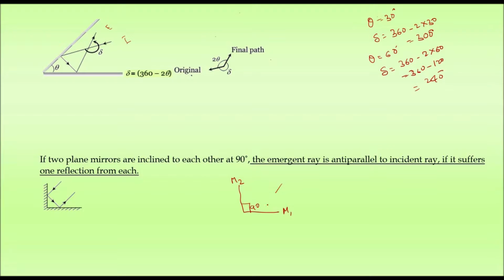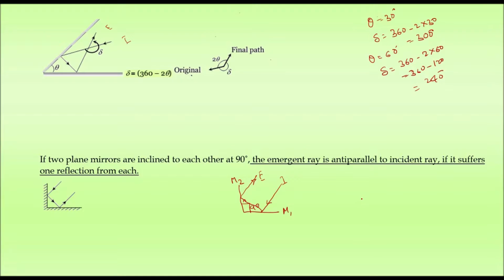Now if the incident light ray strikes the first mirror, then it goes to the second mirror and is reflected from that mirror also, and the final emergent ray E and incident ray I, if you see, they are anti-parallel to each other, that is they are making an angle of 180 degree with each other.